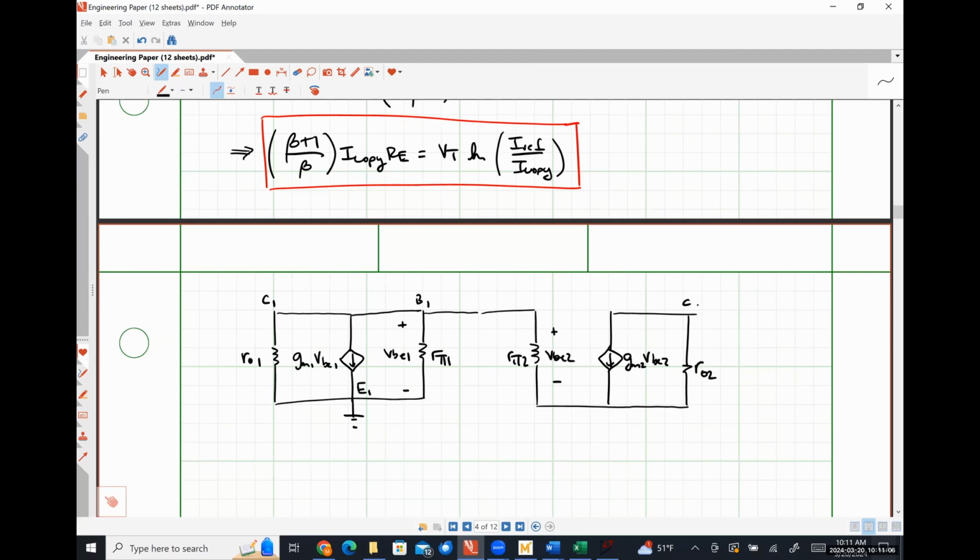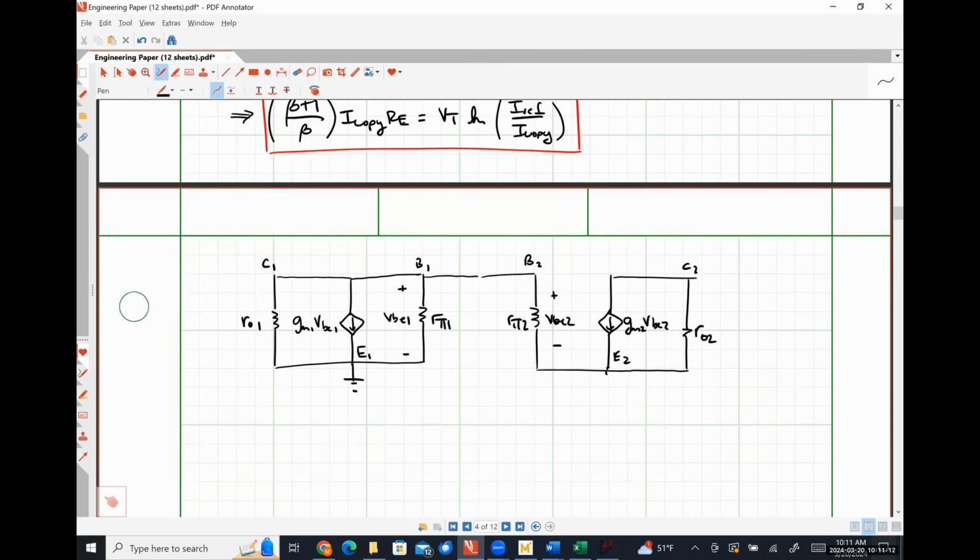So this is the collector of 2, the base of 2, the emitter of 2. Between the emitter of 2 and ground, I should have a resistance RE. And then over here is where I apply my test source.